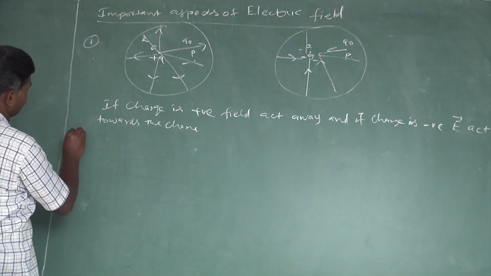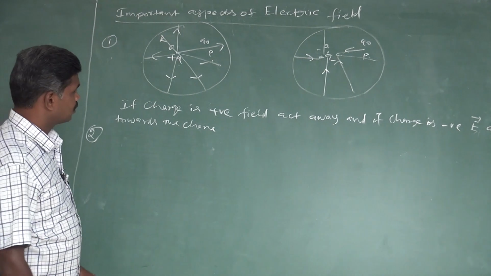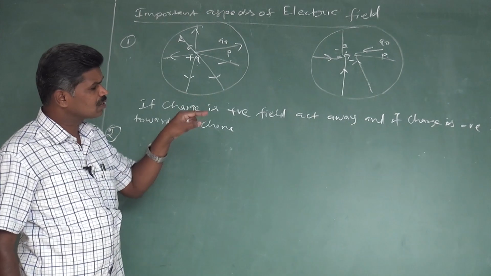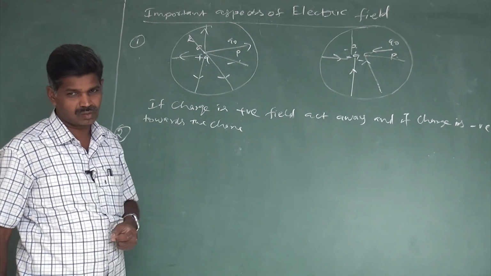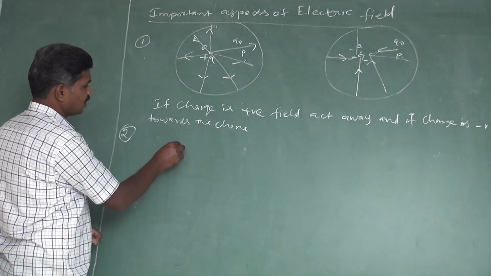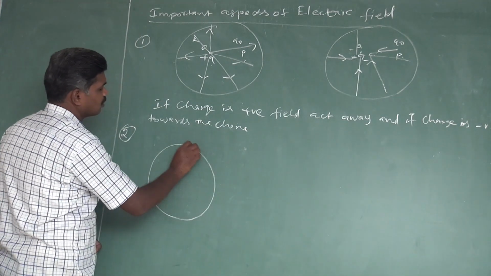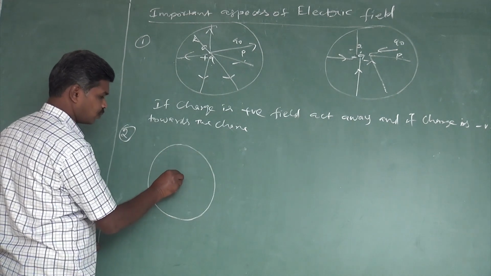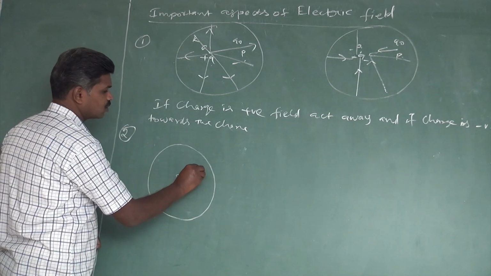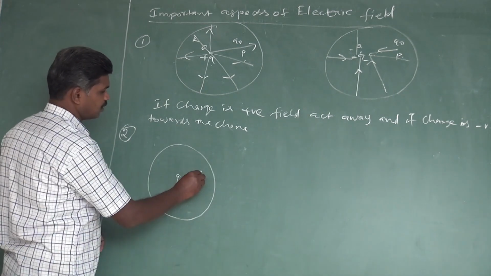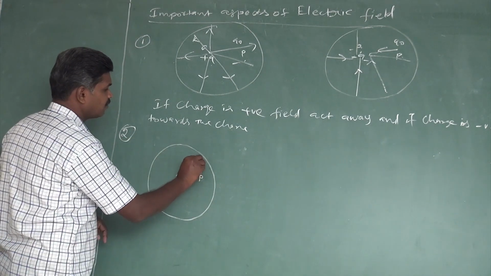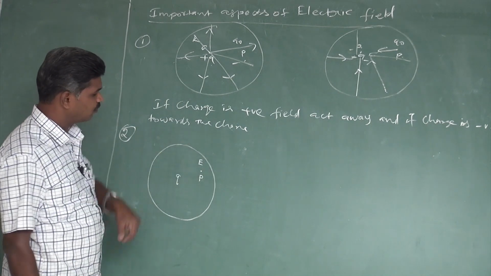Next one, second point. If we place the test charge, our source charge exerts a force, and that force value we can calculate. Suppose in a diagram we have a region of electric field due to our source charge. In that region, suppose we take one point P, where it creates a field. Let us assume that there is E amount of field there.